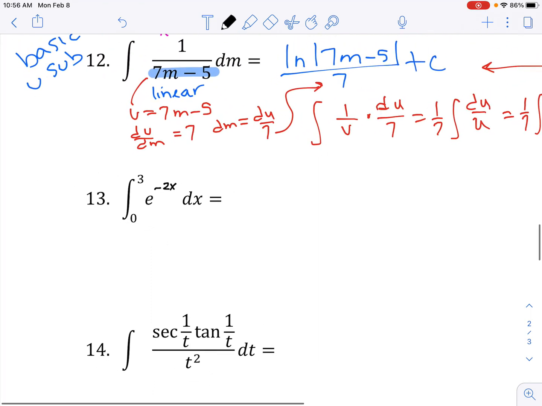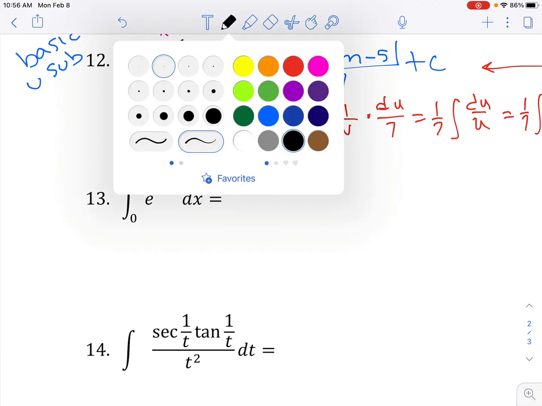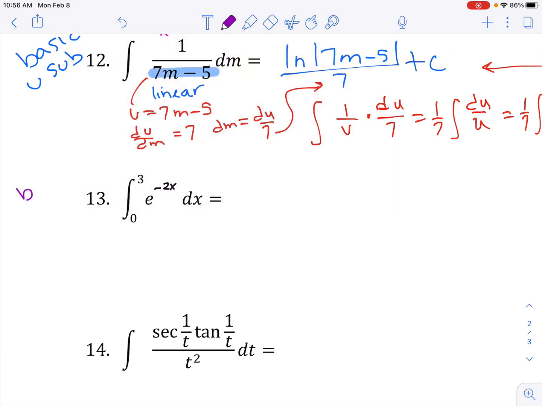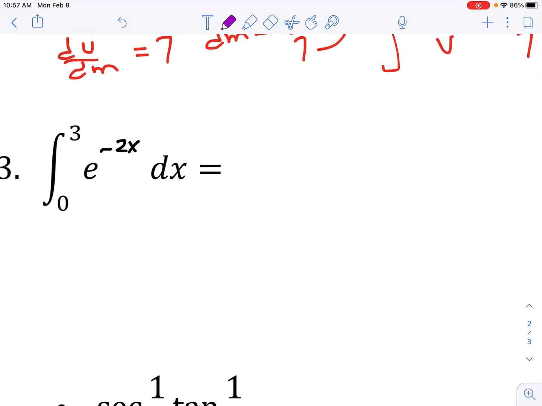Okay, so again, it's a basic e to the x, also u sub though, so we will go through it both ways, just in case you want to see it both ways. Okay, so we know that integrating e to a power is itself, so we know this is e to the minus 2x divided by minus 2.